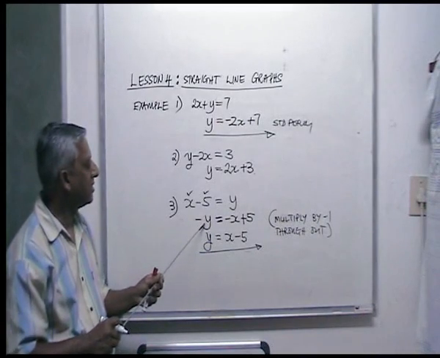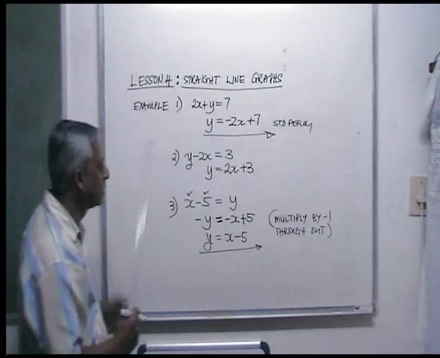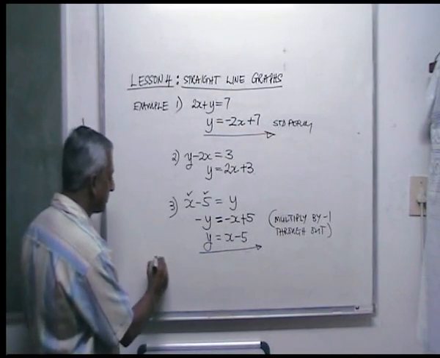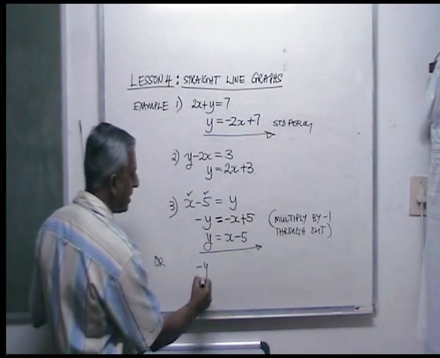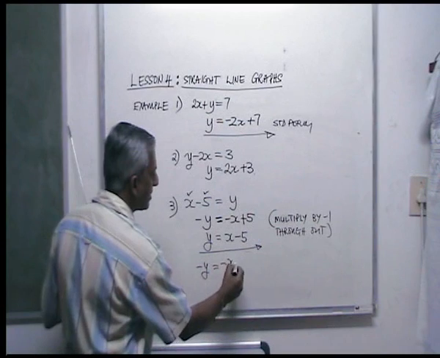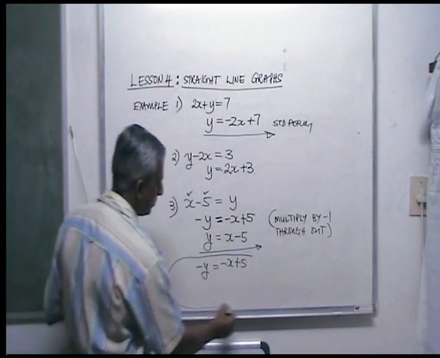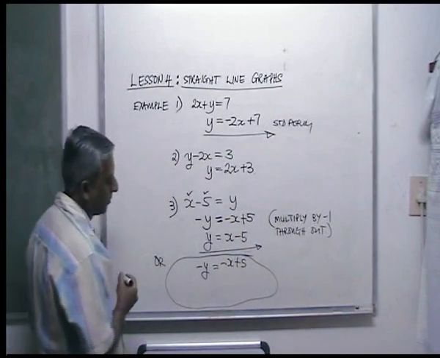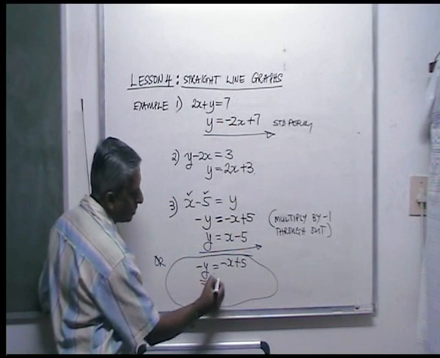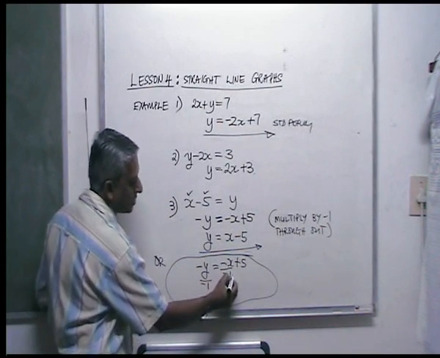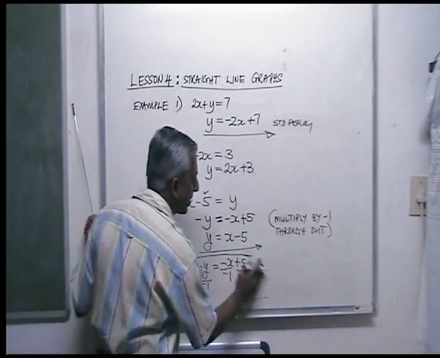So if I got a minus y like this, I have two choices. I can multiply by minus 1 throughout, or, if you got minus y is equal to minus x plus 5, you say, no, I like to divide by minus 1 throughout. That's your next choice. You're allowed to do that.